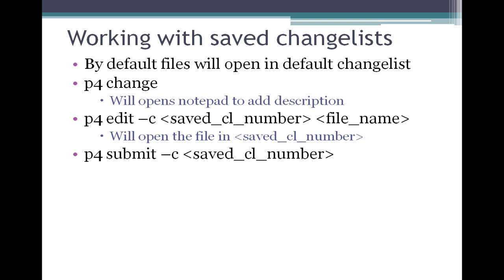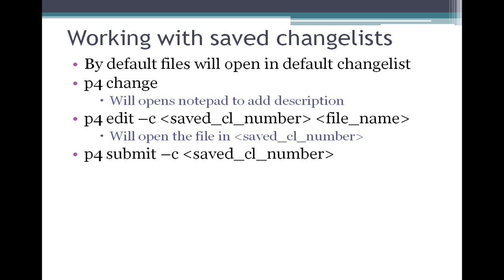Then working with saved change lists. We can make use of this concept when you have multiple bugs being worked on simultaneously. You can save two change lists, then open your files according to your requirement. If you're opening a particular file to fix a particular bug, you need to open that file in the corresponding CL number. It will make your life easy when you submit.